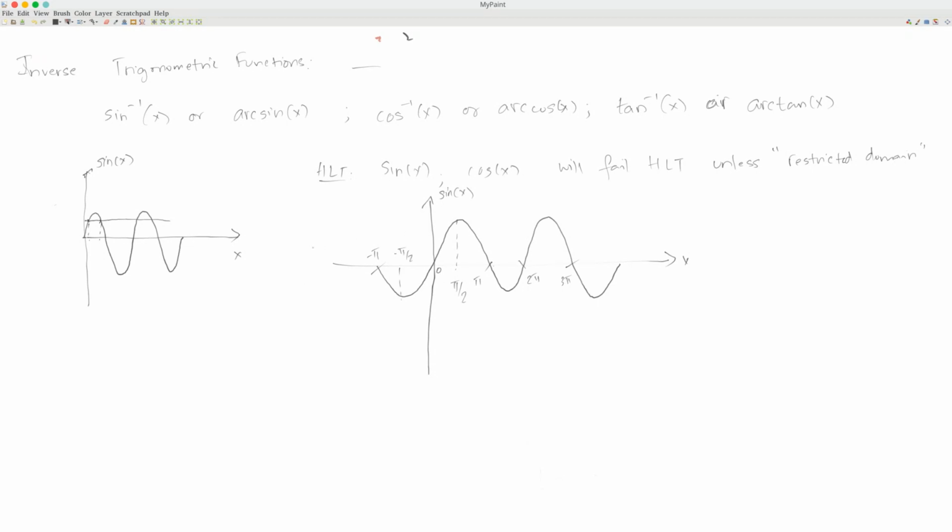Now, if I drew a horizontal line, as I did before, it is going to fail the test. So it's going to be not 1-to-1.